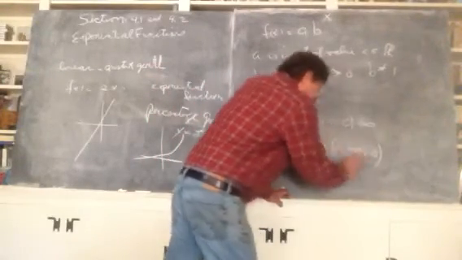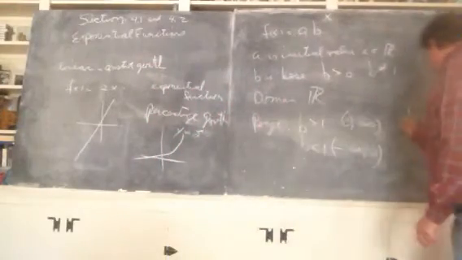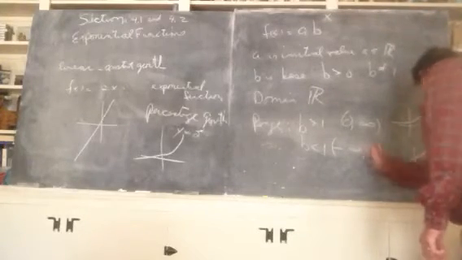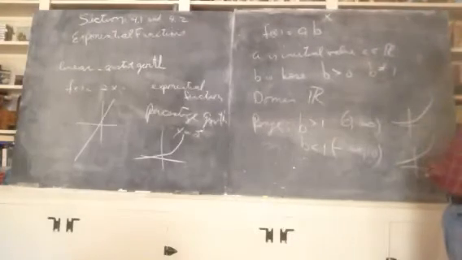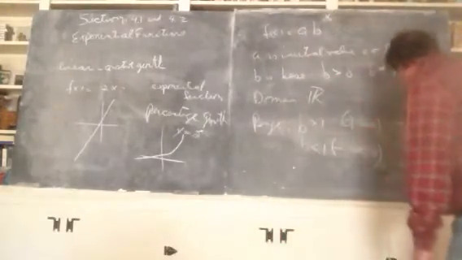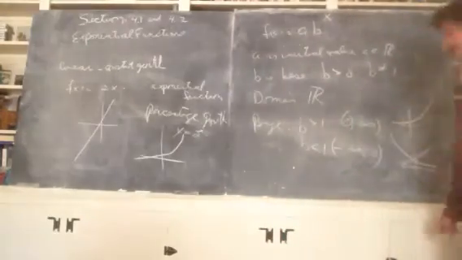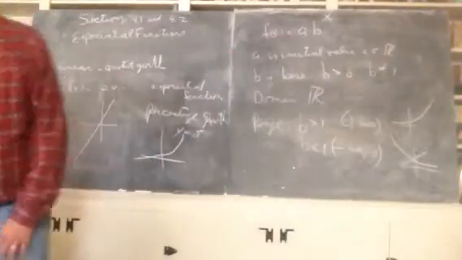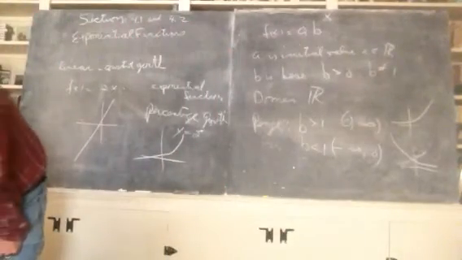Here, real quick, I'll draw a picture of this. If b is less than 1, it looks like that. If b is greater than 1, it looks like that. Whoa, that's the same thing. I'm sorry about that. B greater than 1, b less than 1. So that's exponential growth.